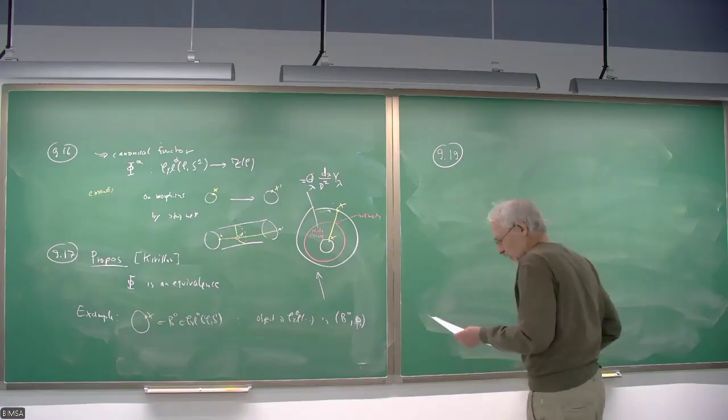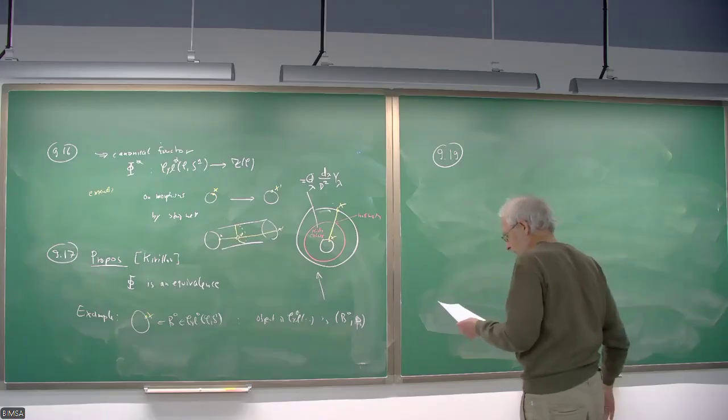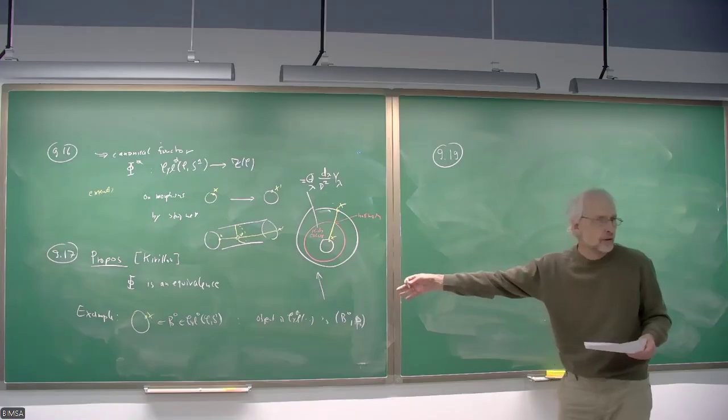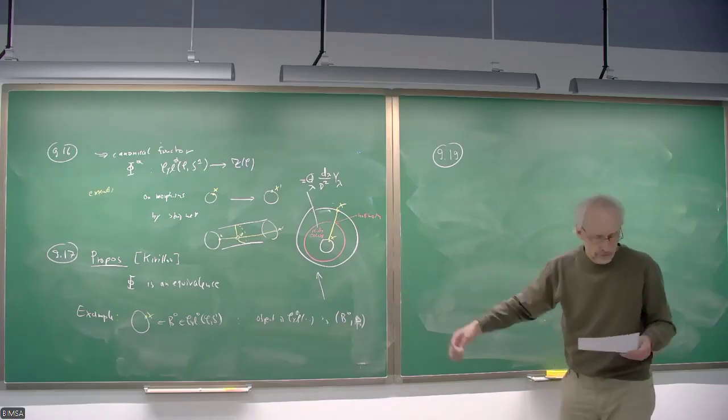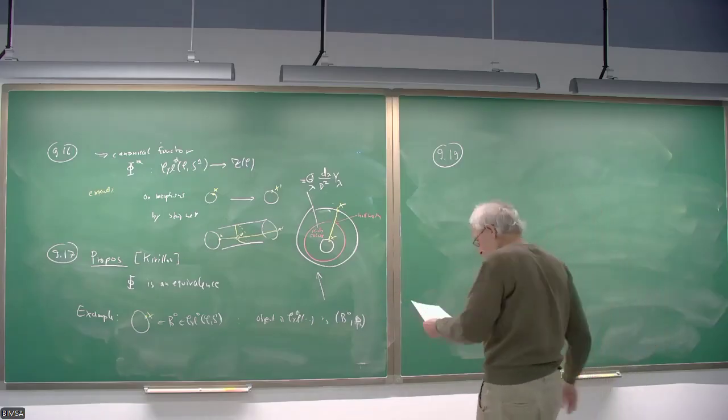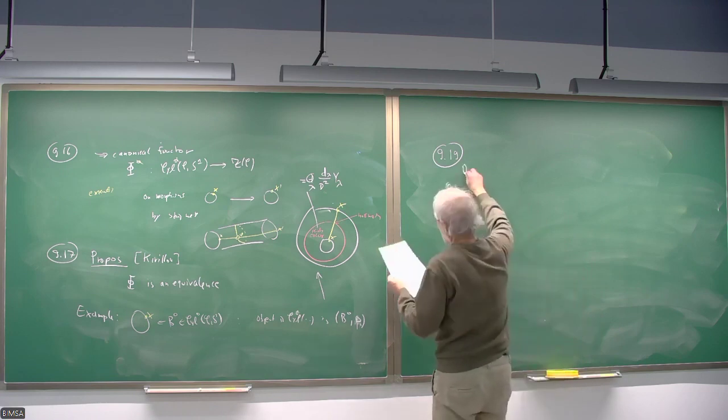Now we would extend this to string nets on sigma, so we know what to do with one-manifolds.